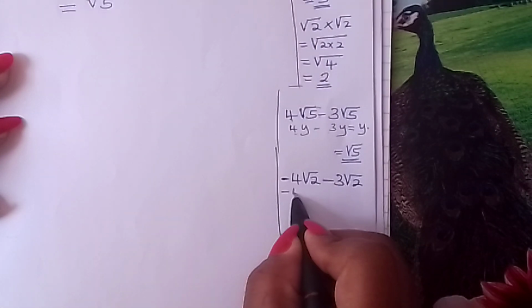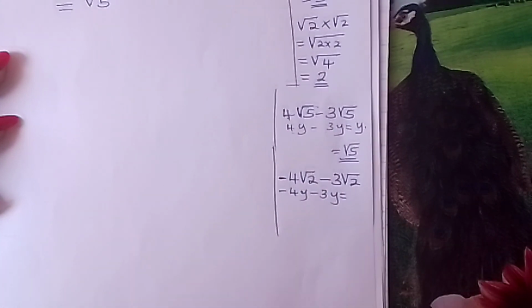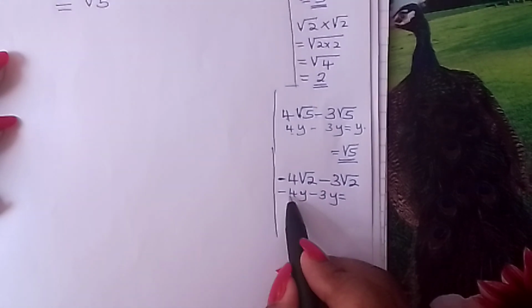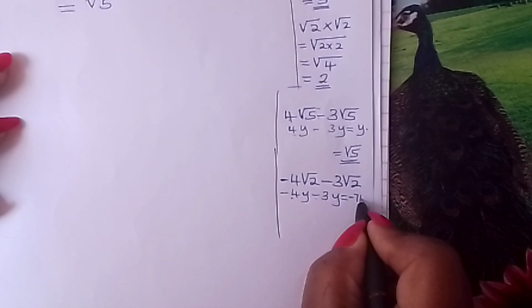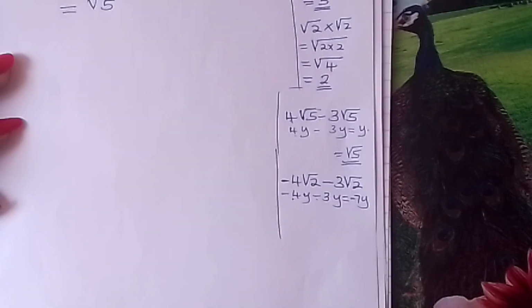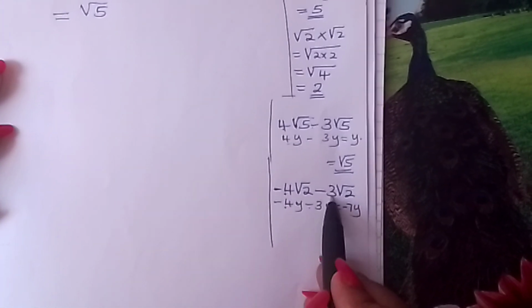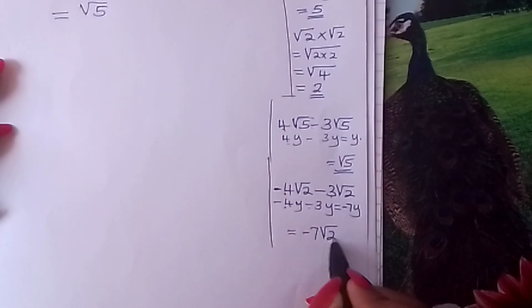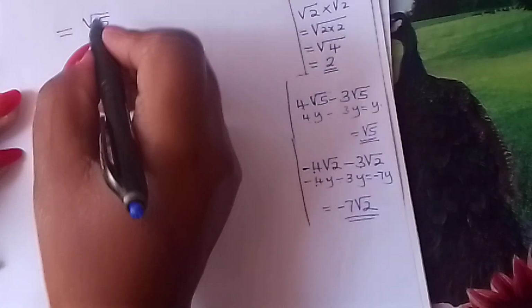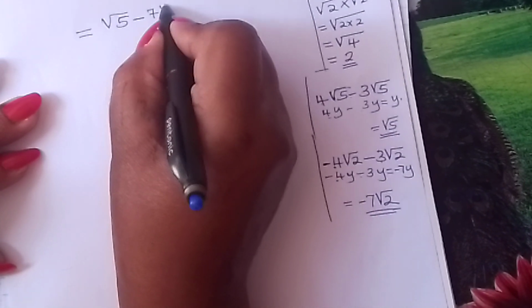It's like minus 4y minus 3y. We normally say negative 4 minus 3 gives us negative 7, and therefore you fix your y there. So negative 4, negative 3 is negative 7, and then you fix your root 2. And so this is minus 7 root 2.